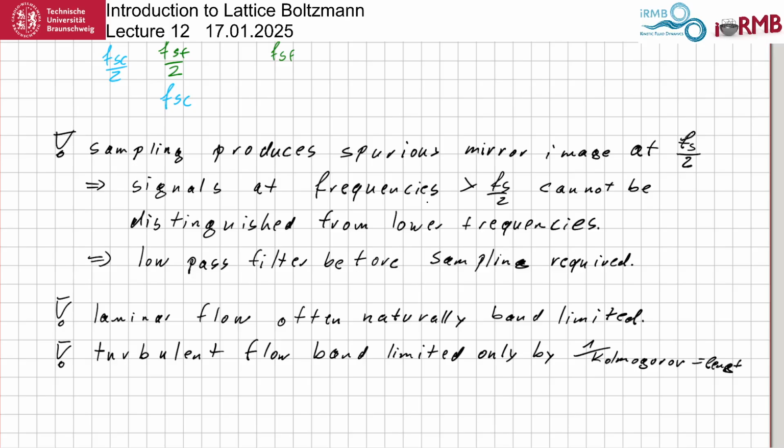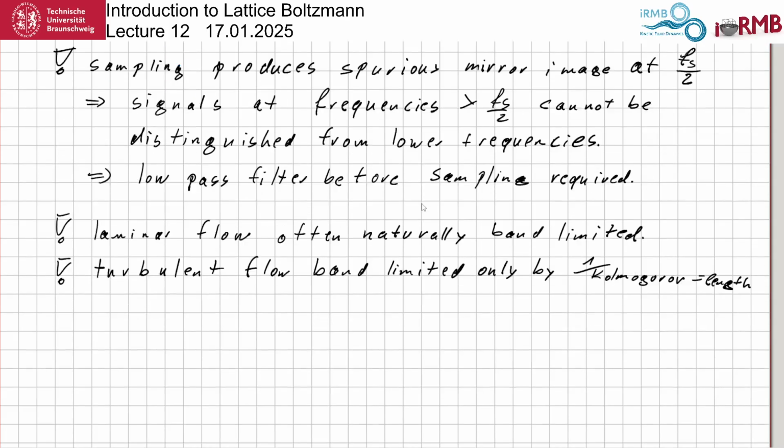And one over the Kolmogorov length is the band limit of your turbulent flow. So there's a very short distance, very high frequency signal that you would have to deal with.